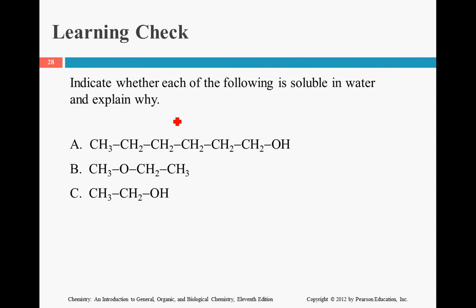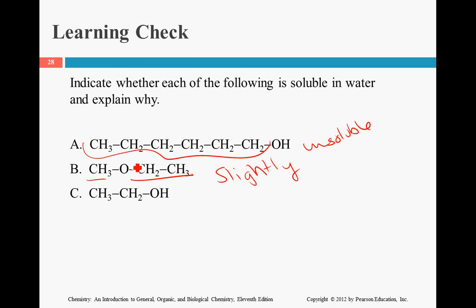So let's take a look at whether or not these will be soluble. There are a lot of carbons here. Remember, 4 is the cutoff. There's so many there that it's insoluble. Here's B. There's 1 on the left, 2 more on the right, so we have a total of 3. 4 is the cutoff, so this is slightly soluble. It's only slightly because it's an ether, not an alcohol.